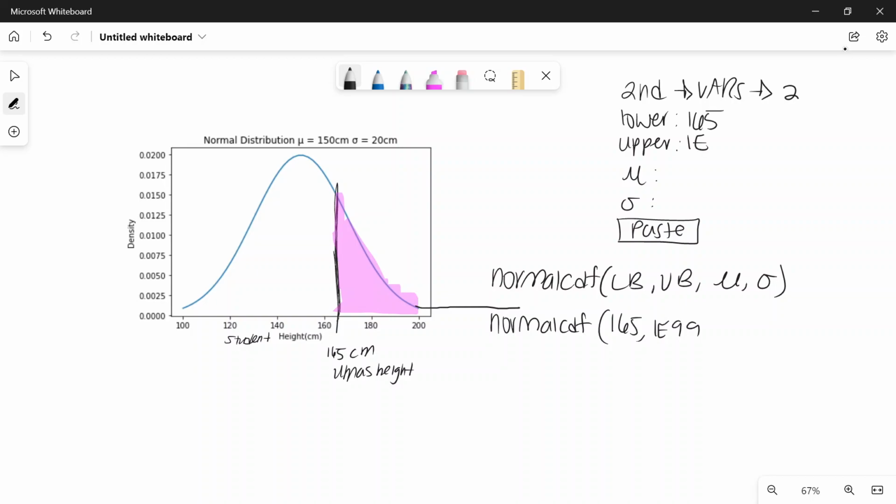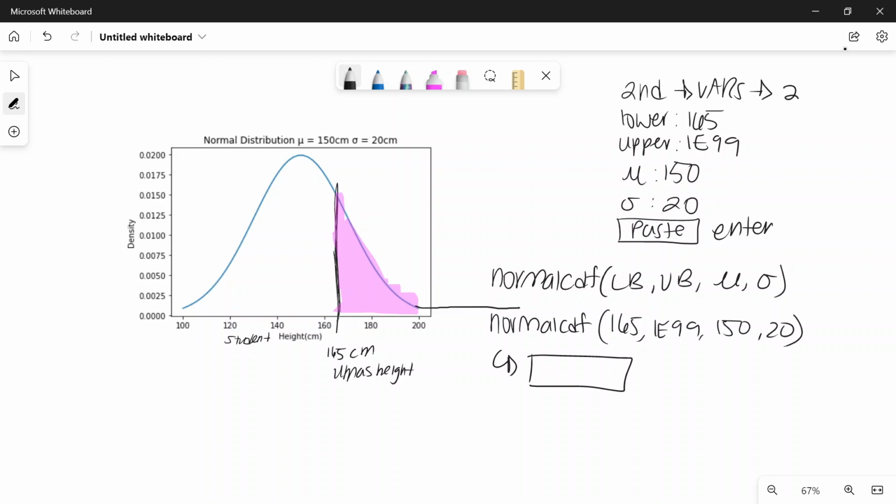And then your mu, 150, and your sigma was 20. Then you just click on paste, and you click enter, and it should give you an answer.